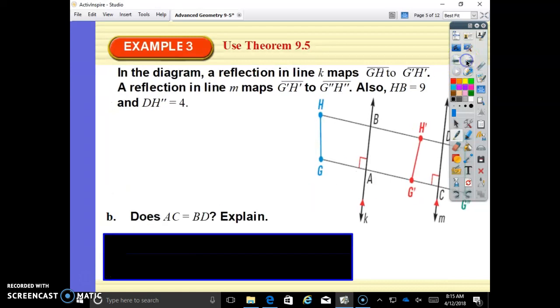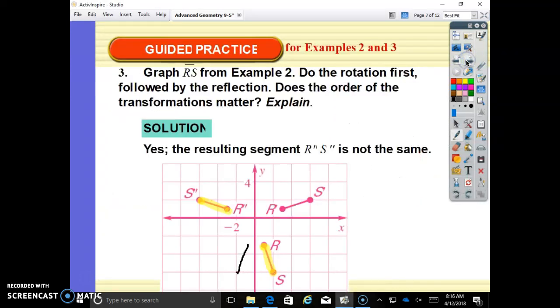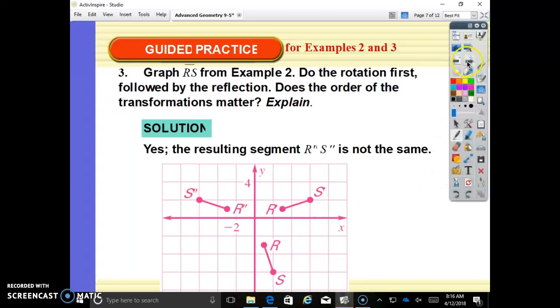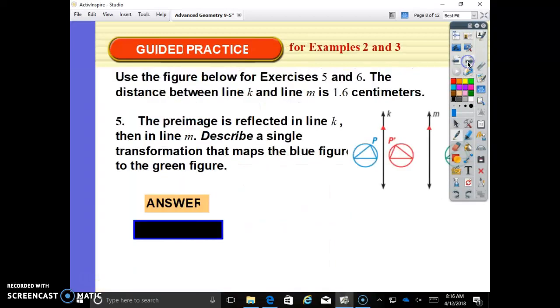Where is example 2? I feel like I don't have example 2 before this. Interesting. Okay, but yes, the order does always matter. So if they say glide reflection, you always are going to translate before you reflect, unless they state otherwise.